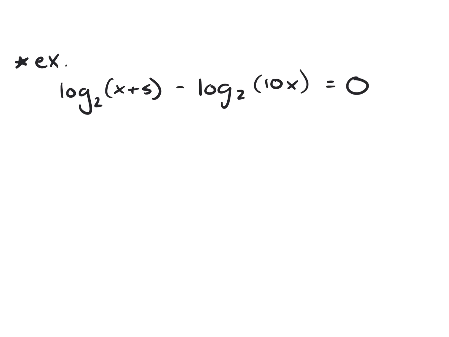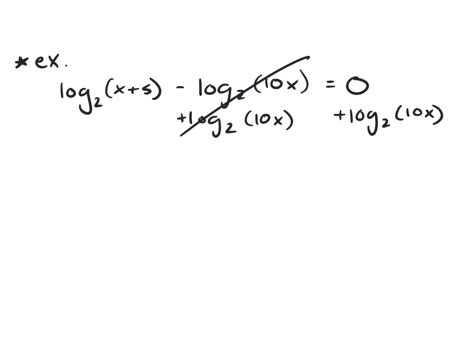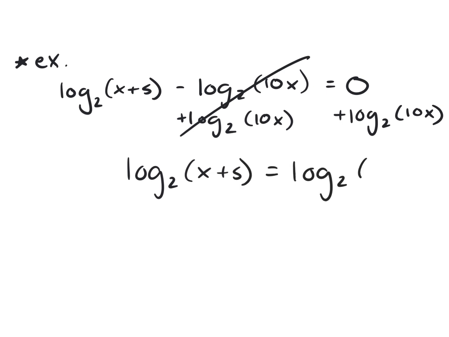You can make it into one log. Does anybody else have any other suggestions? What if I added my log to the other side? Add log base 2 of 10x. So we get log base 2 of x plus 5 equals log base 2 of 10x.